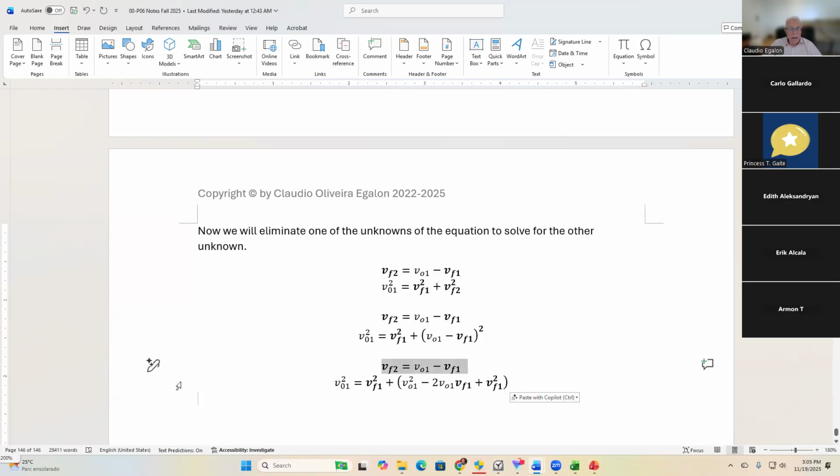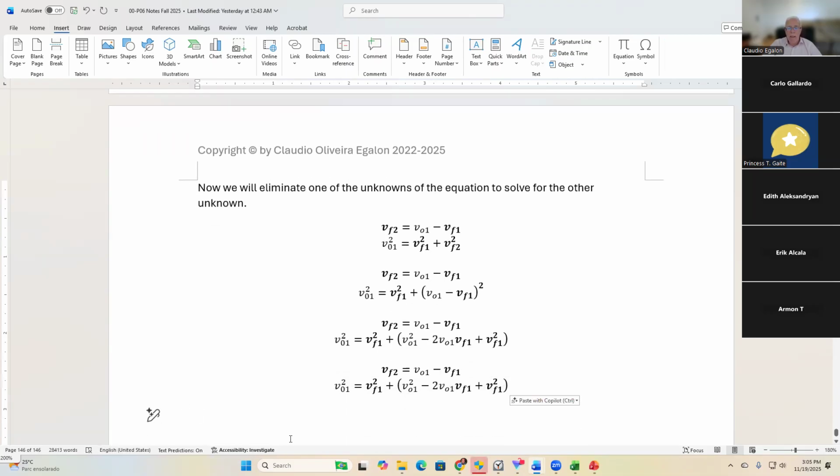Next step, I just copy the previous equation. Isn't that nice to do those derivations like that? You know, back in my time, we didn't have Excel. We didn't have Word, and we had to do all the derivations by hand. If you made a mistake, and it was very common for us to make a mistake when deriving equations by hand, it was a nightmare to find where the mistake was.